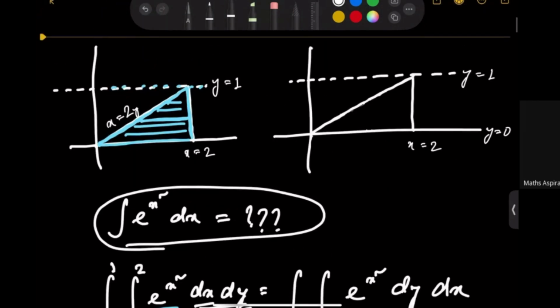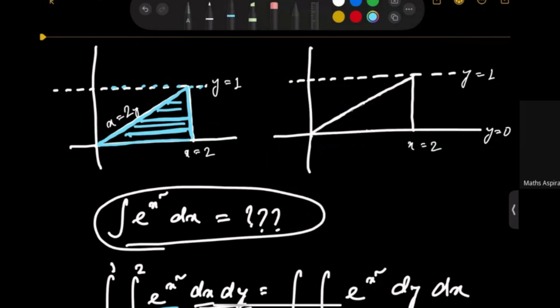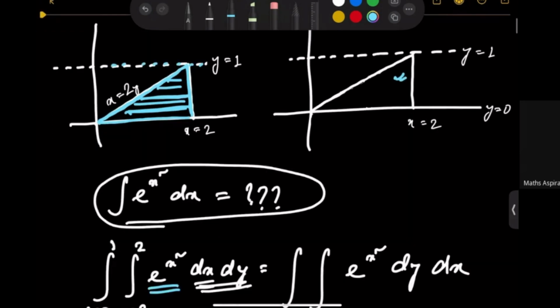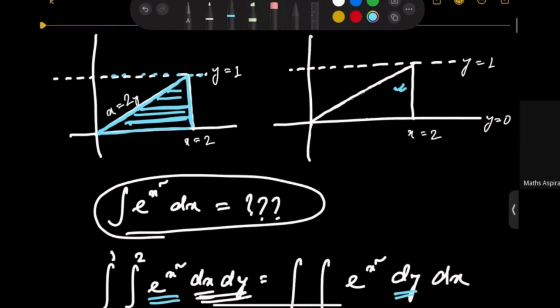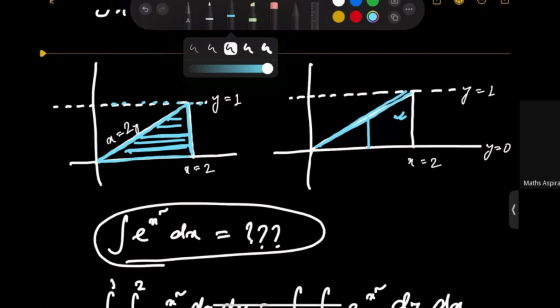Now this is the area that we want to integrate over. Precisely this area that I've drawn here again. Now we want to give the bound for y first, because we are trying to change the order. So y goes from y equal to 0 up to this line. This line was x equal to twice y at first.